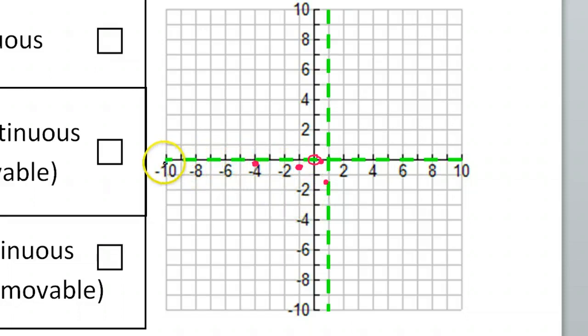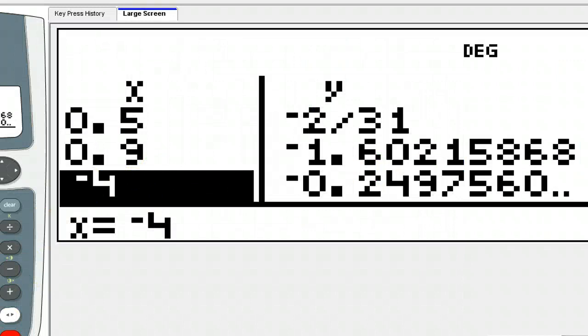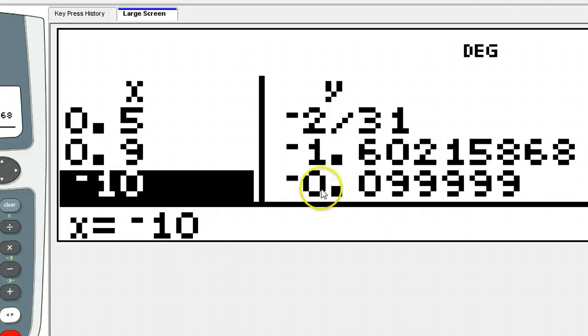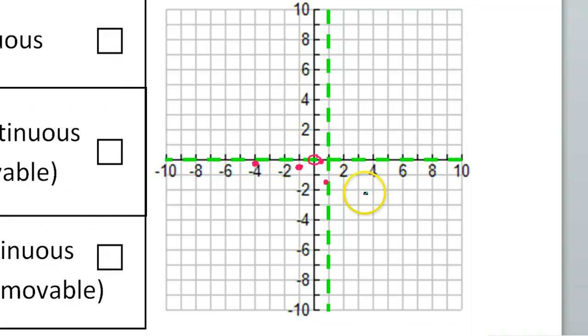So I'm betting at -10, it's still going to be negative something. Let's check and see. So -10 is -0.09. So it's basically -0.1. Okay, so again, that's just barely below. So it's a little bit weird, but this graph must be doing this type of thing. It's a little bit hard to draw too.